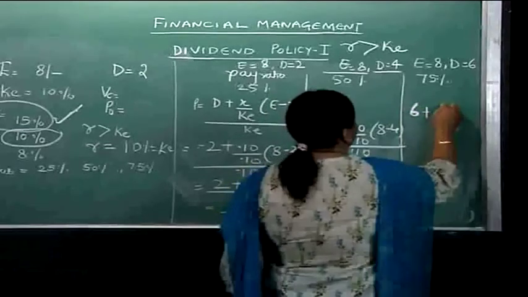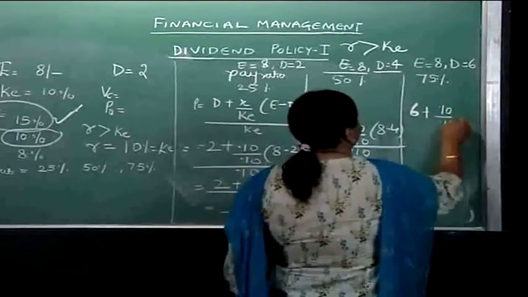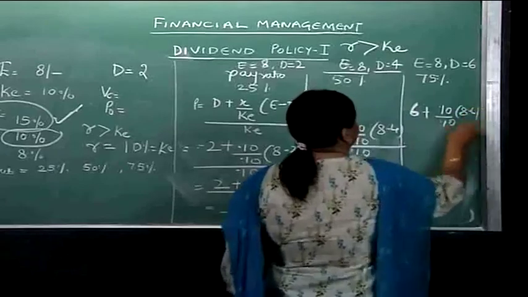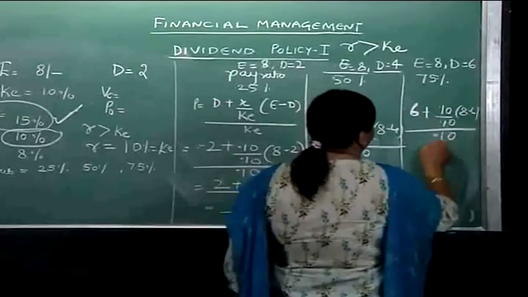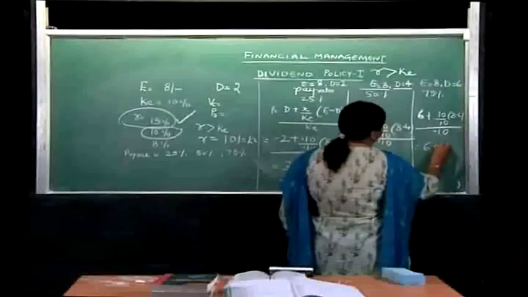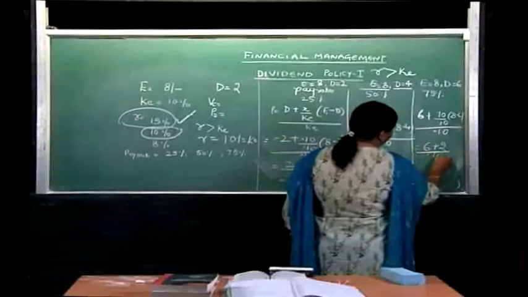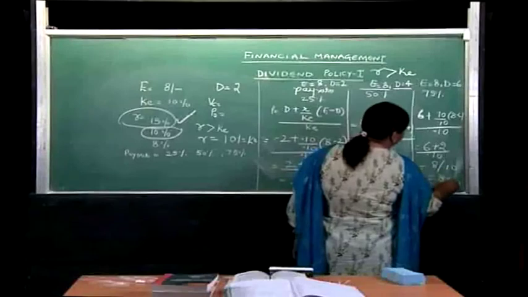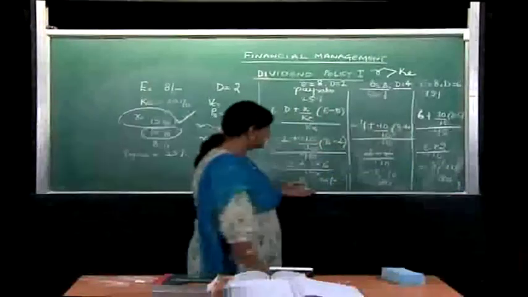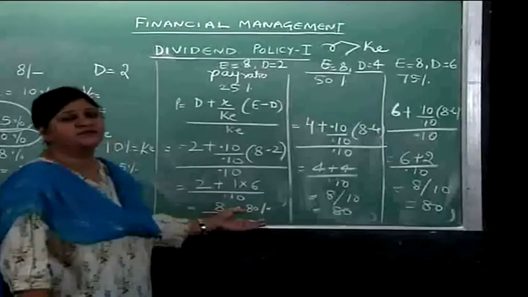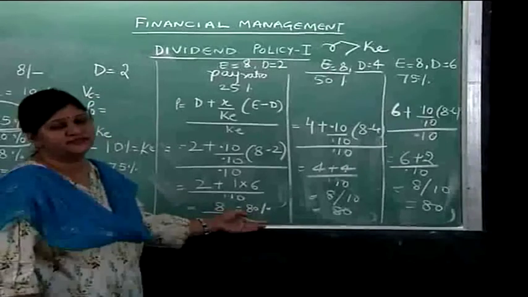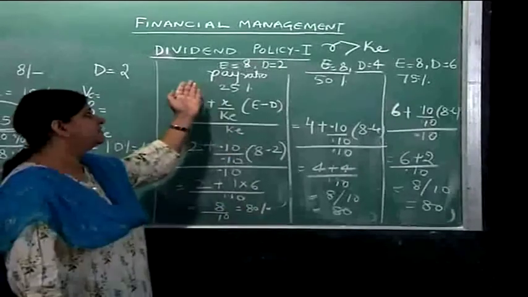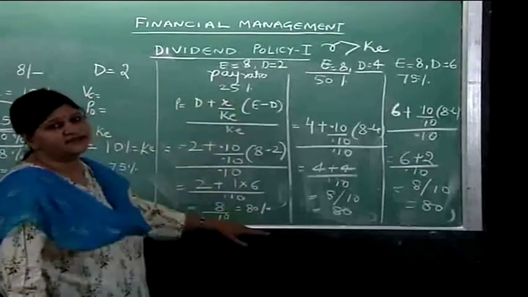It's 6 plus 0.10 upon 0.10, 8 minus 6, and this whole divided by 0.10. So 6 plus 2 divided by 0.10. Here we are getting 8 by 0.10. So it will be 80 rupees. So we can analyze that 80 is coming as the price in all the three cases, where the payout is 25%, then only we are getting 80 rupees.